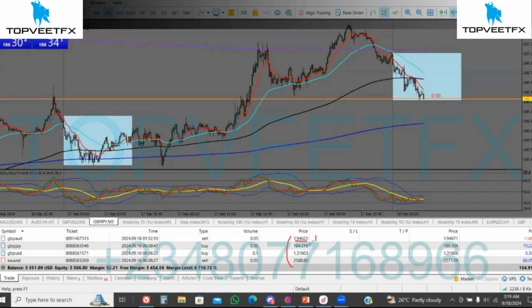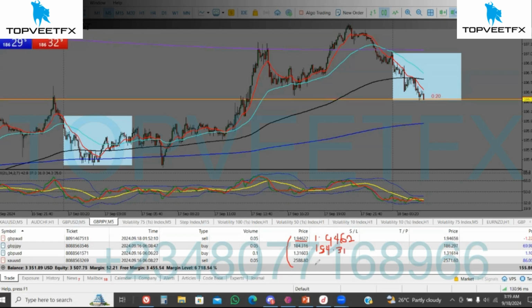But if we want to look at it according to the definition of the cross pair and basic pair currency price, the current market price, we said 4 digits after the decimal point. So now the real current market price is 1.9462. For this GBP/JPY, if you want to write it, it's going to be 184.31 because it said 2 digits after the decimal point for all the JPY pairs.